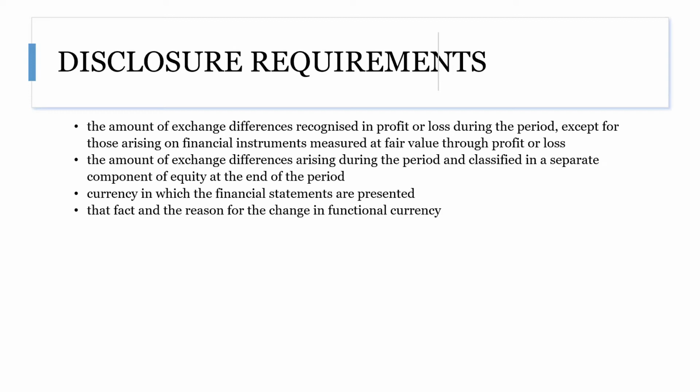So an entity shall disclose the currency in which the financial statements are presented. When the presentation currency is different from the functional currency, an entity shall state the fact and shall disclose the functional currency and the reason for using a different presentation currency.